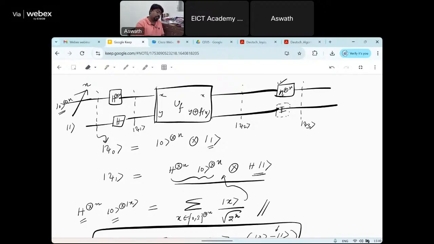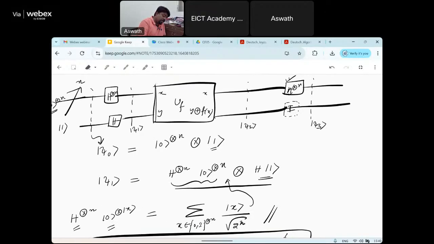Alice creates a set of numbers into a quantum state and sends it to Bob. This is the point where she sends it to Bob. Until this point she has control.